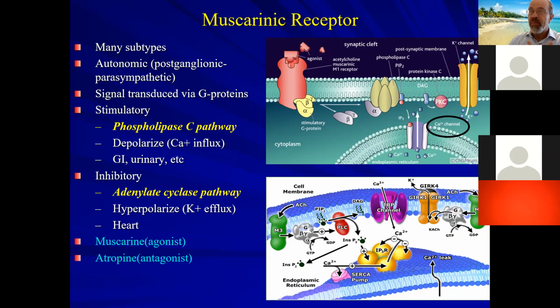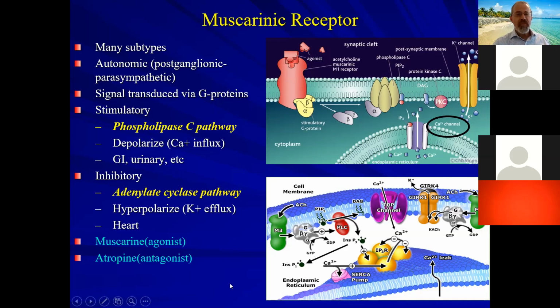This part of the autonomic system is known as the rest and digest, right? Stimulating the digestive tract is the phospholipase pathway. Inhibiting the heart, slowing it down, is the adenylate cyclase pathway. I don't want you to worry about all this stuff in these pictures. I've got some other diagrams that are a little bit more clear and refined.